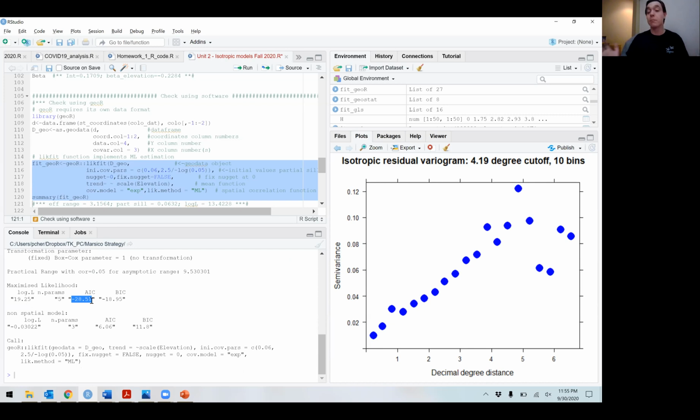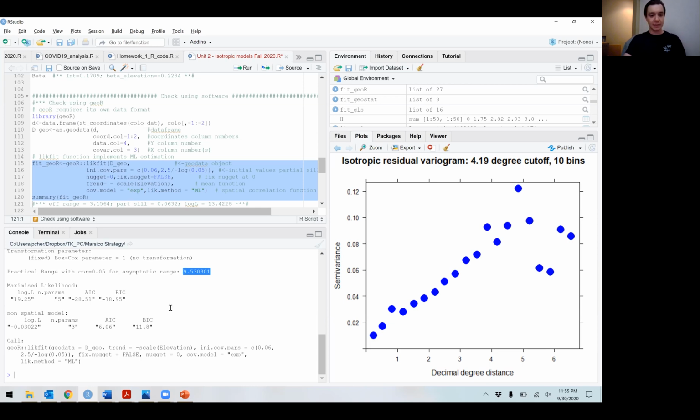The answer is maybe, because a difference of just under 1 in the AIC world is not a ton. I am, however, concerned with this estimate of the effective range that comes out of the exponential.